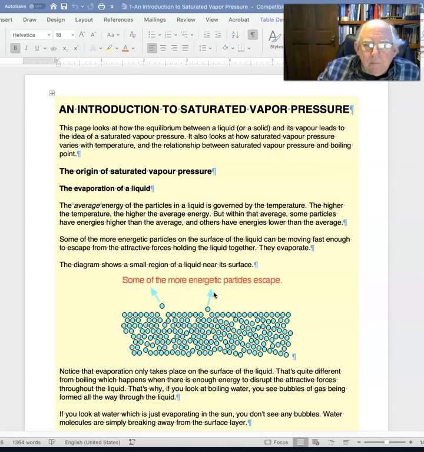Additionally, some of the molecules in the vapor phase can hit the interface, lose that energy and go back into the liquid phase. And in a small region of the liquid near the surface, that's happening.